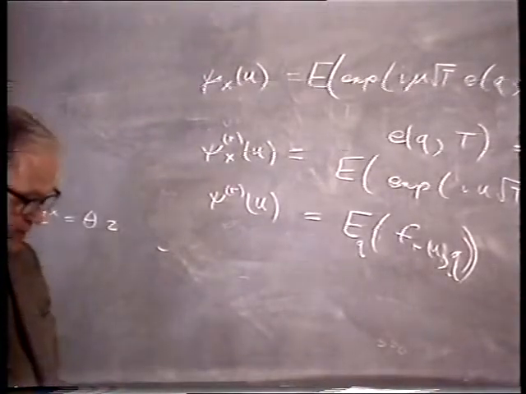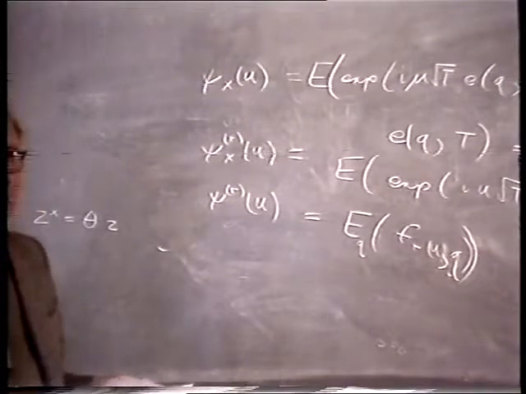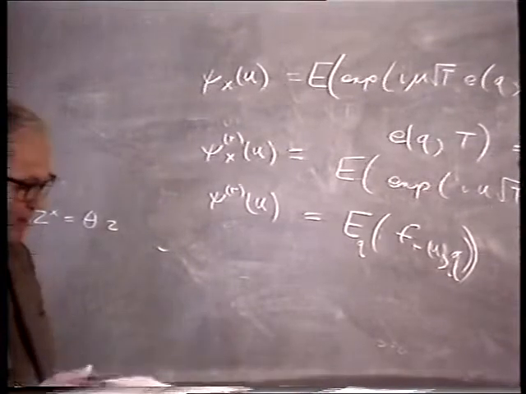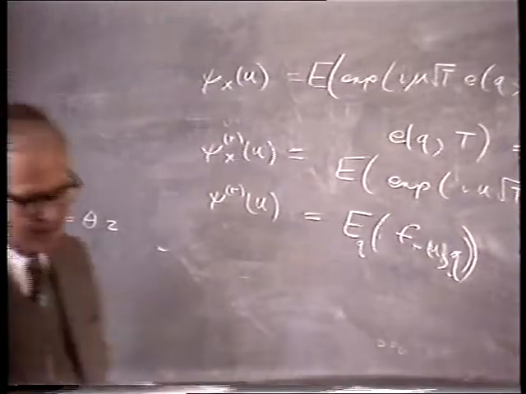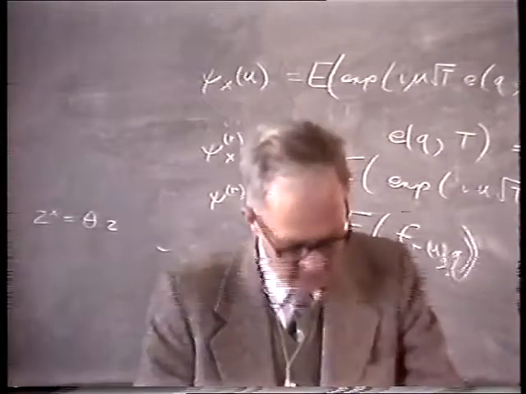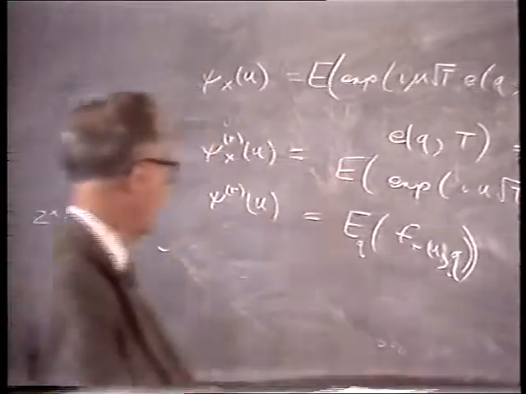Well, I'm aware that in an hour I've merely sketched something. I really haven't proved anything. But all I intended to do here was to give you an idea of what can be proved.